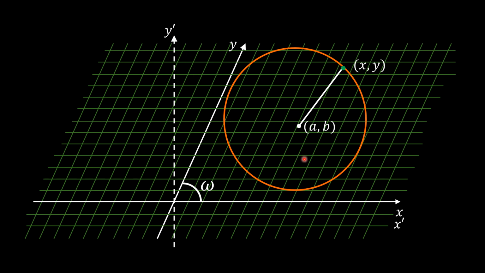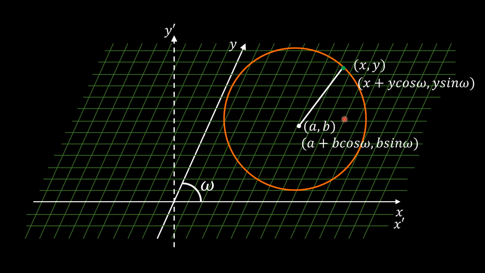And so if we re-express the coordinates of the circle, both the center and the points on the circle themselves, with reference to the x prime and y prime coordinate system, then this is what we're going to get. We still have the original y component on the new x prime component.